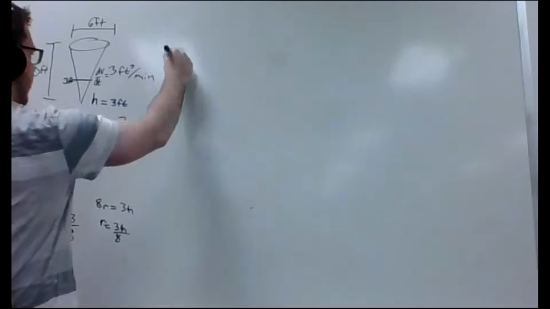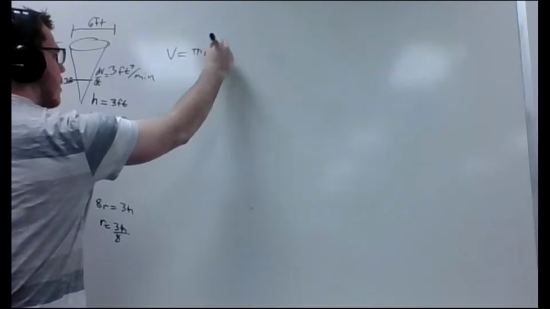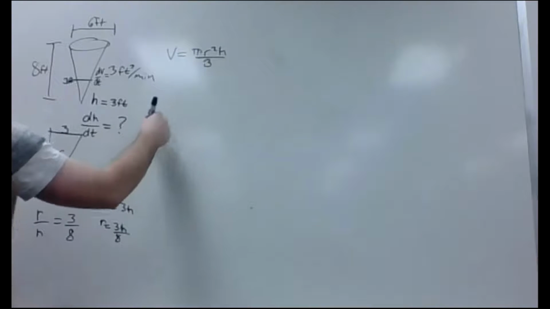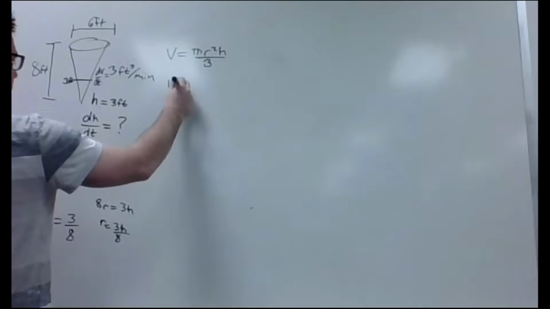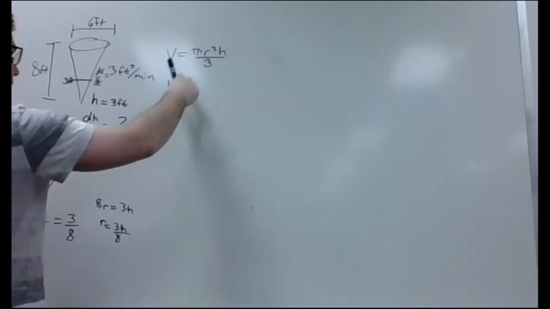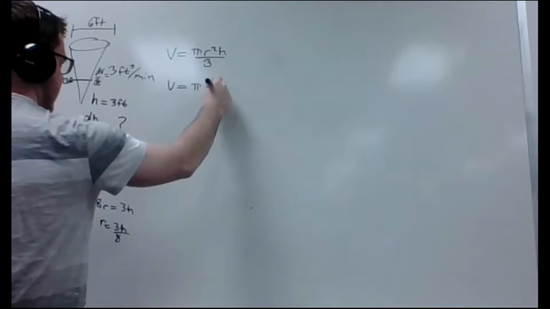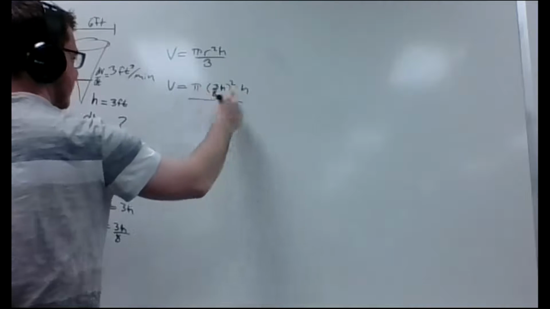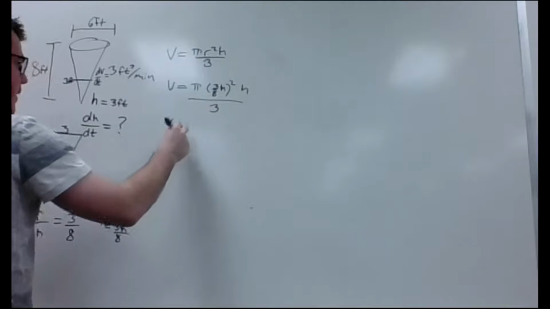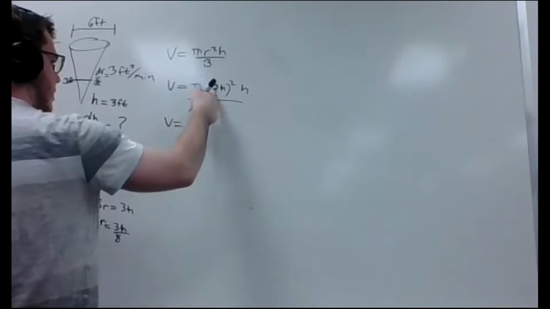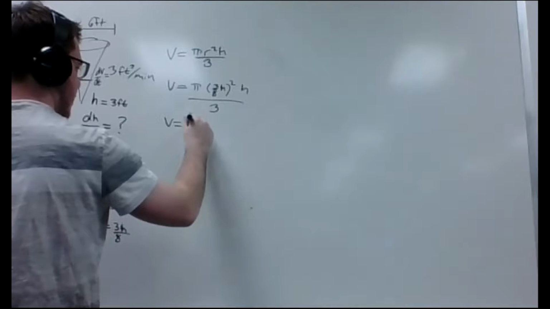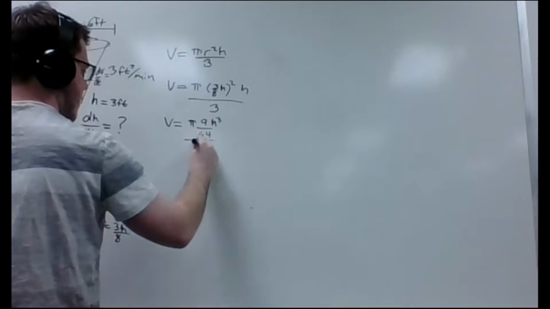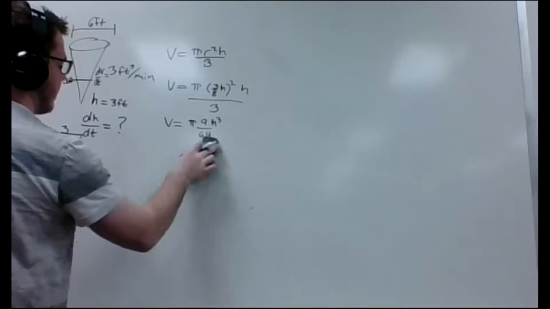Now we can go to our volume equation and rewrite our problem, right? So we have our volume, and that would be pi times 3/8 H squared times H over 3. So that would be 9 over 64, and we can actually factor out a 3 here.